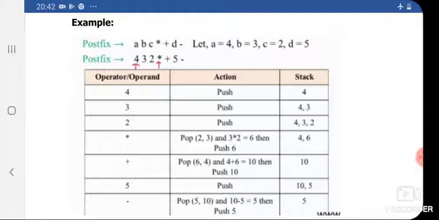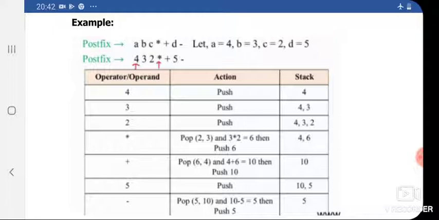Next incoming symbol is star. Now it is an operator, and as we get an operator, as per our algorithm, we first pop out the first two operands from this stack, and let us say them as S1 and S2. Therefore, when the operator comes, I pop 2 and 3.